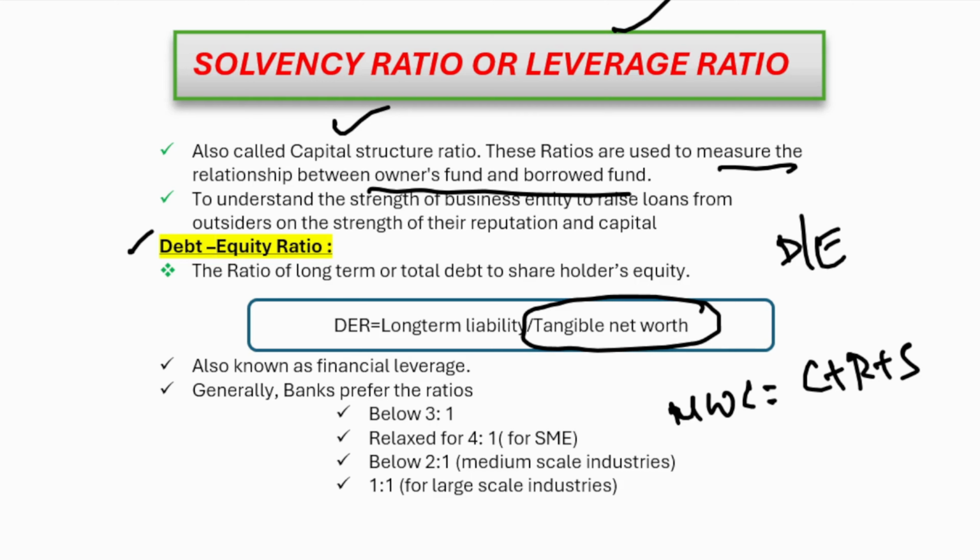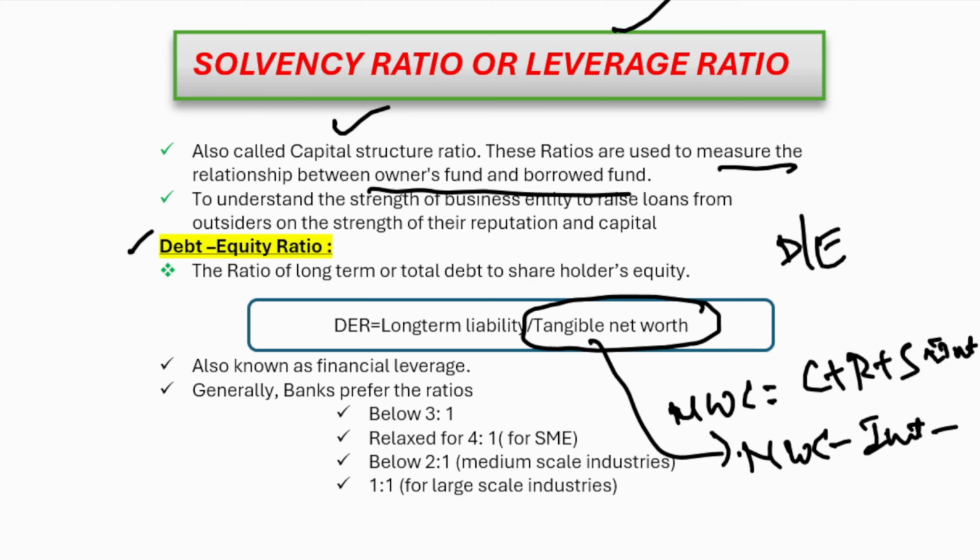The net worth also includes some intangible assets, but we are mentioning here only tangible net worth, that is net worth minus intangible assets. You all know about intangible assets, I'm not discussing them anymore. So long-term liability by tangible net worth is nothing but the debt equity ratio.